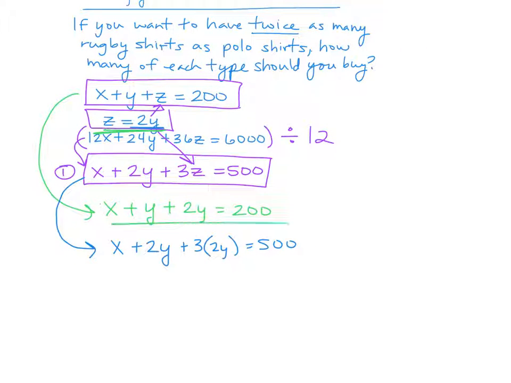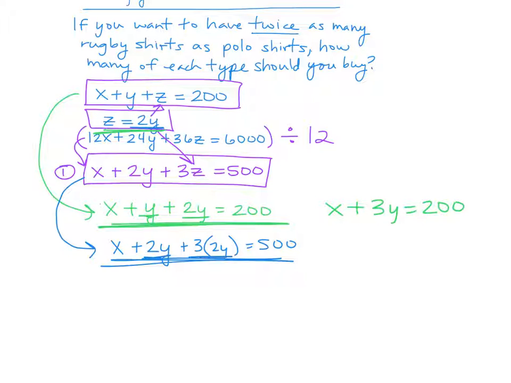Let's simplify that again. You have a Y plus a 2Y, so we can say X plus 3Y equals 200. And then in this one, 2Y plus 6Y is 8Y, so X plus 8Y equals 500. Multiply the top one by negative and then eliminate.